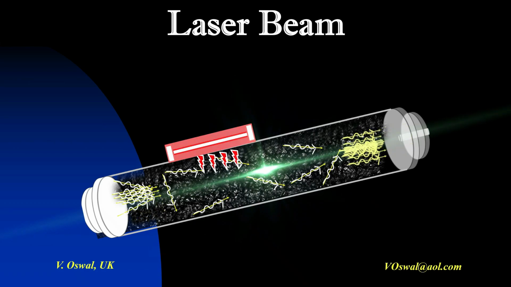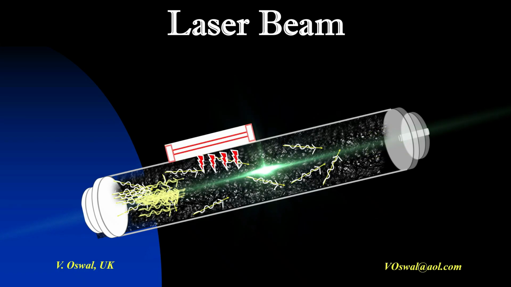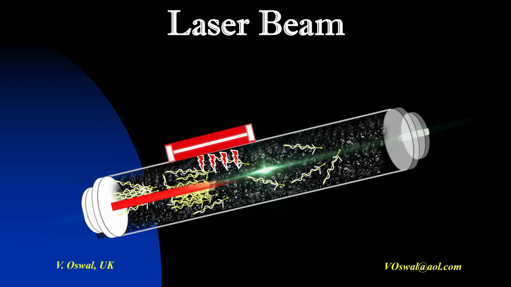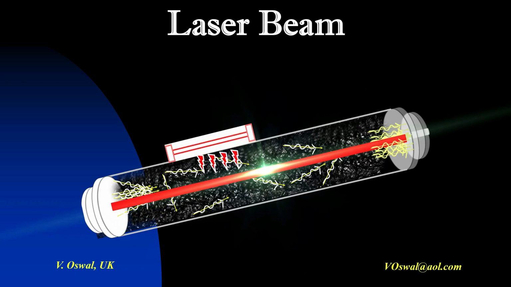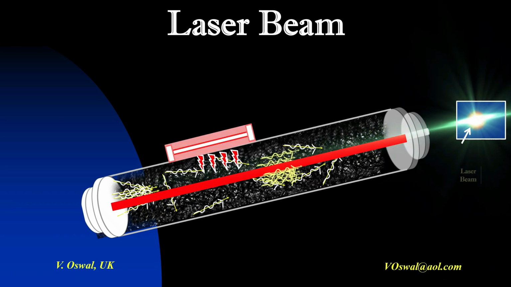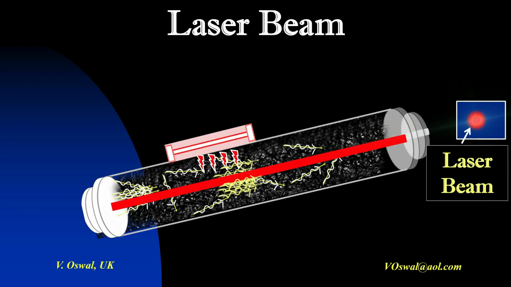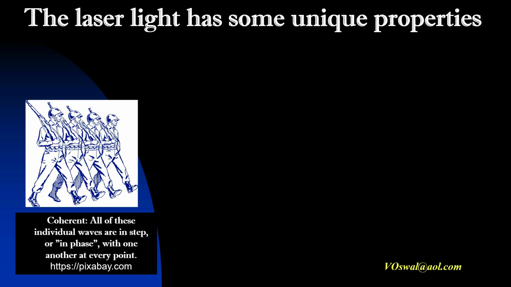One mirror is fully reflective, whereas the other is partially reflective. It allows a small amount of light to escape from the cavity. This is the laser beam. Laser light has some unique properties. Laser light is coherent, meaning all those individual waves are in step or in phase with one another at every single point.